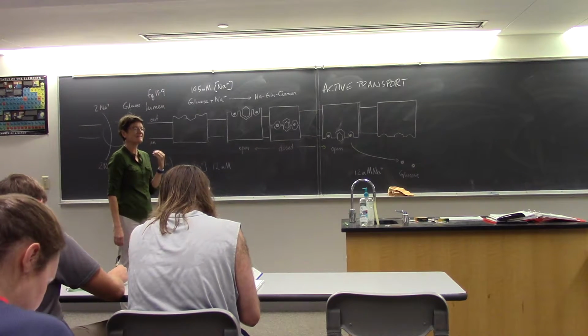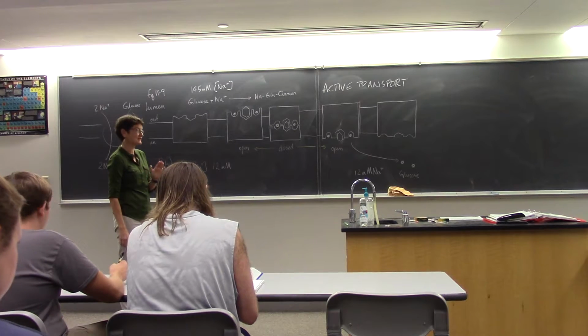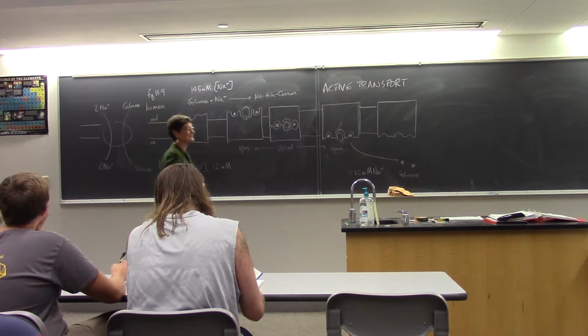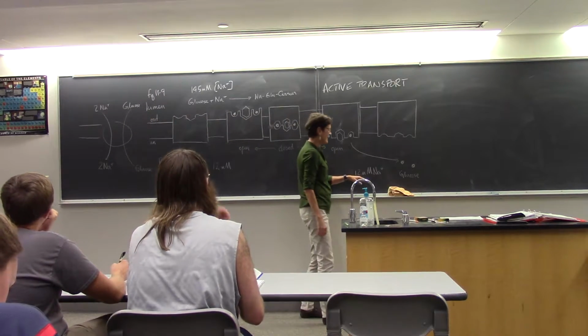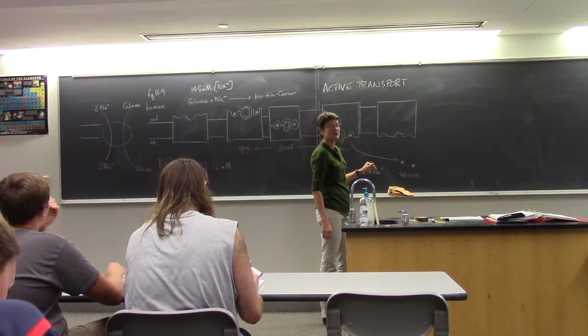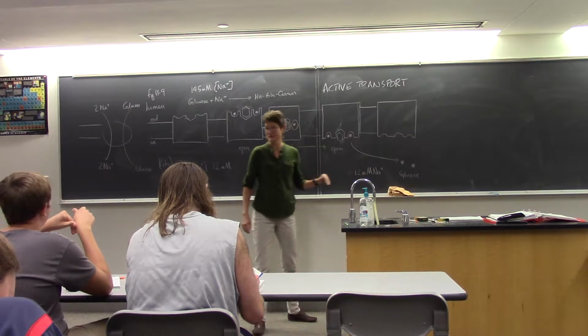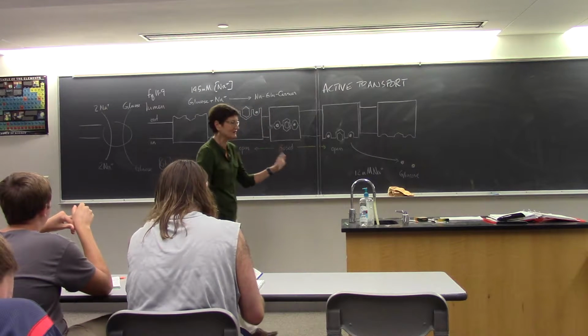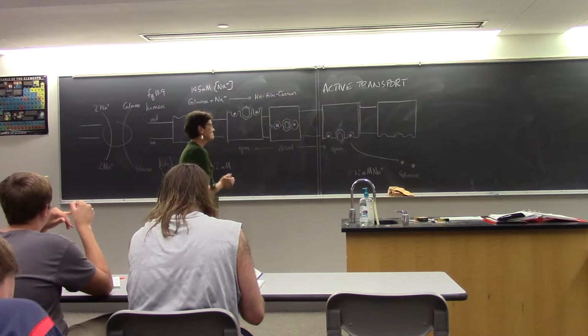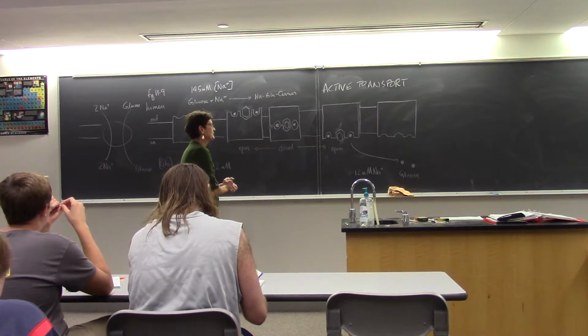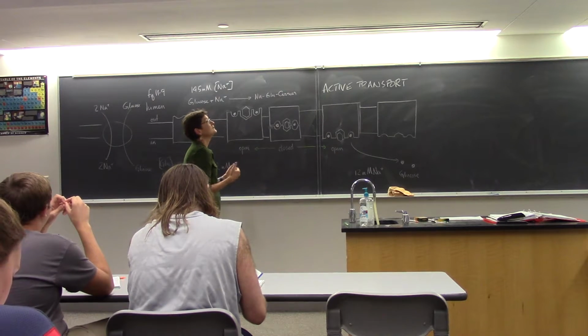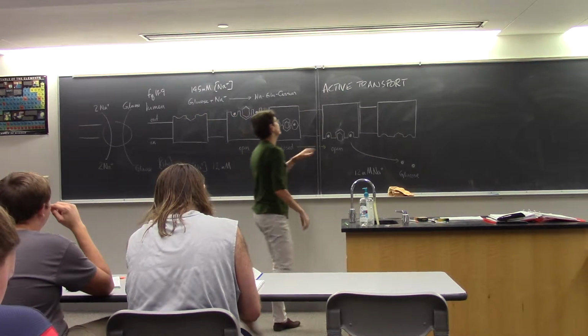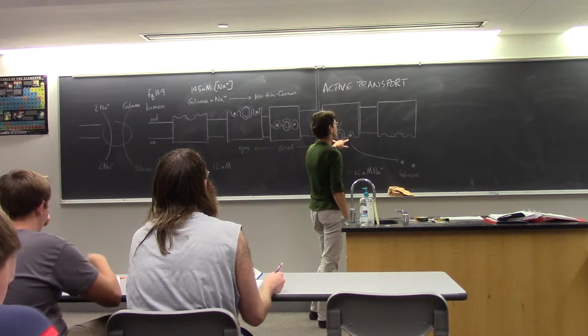And it's somewhat hard to imagine that, you know, I think some of you know this to be true, that concentrations do alter the equilibrium constant and do alter the thermodynamics. So on the inside of this cell, we don't have much sodium, so we're going to dissociate the sodium.